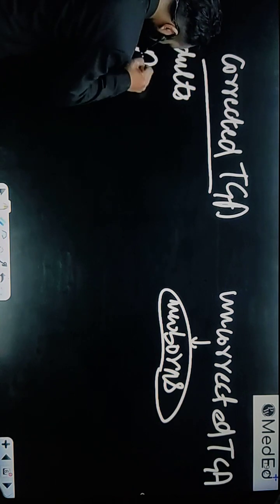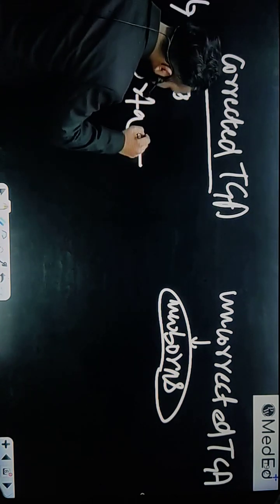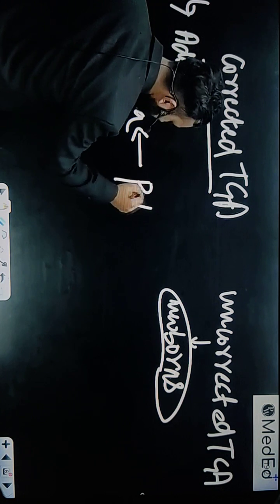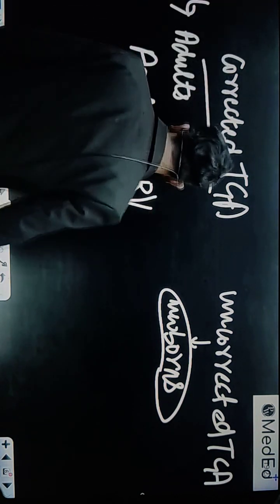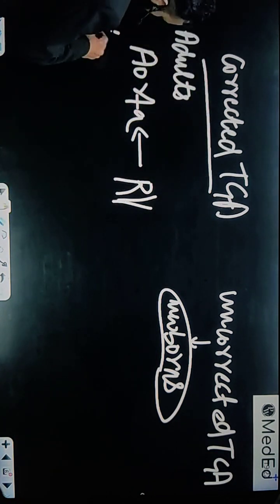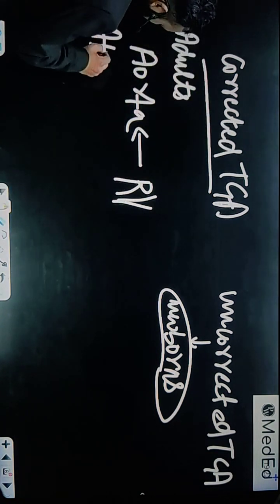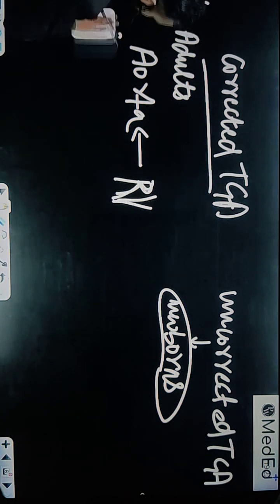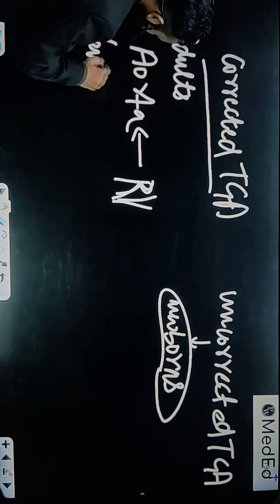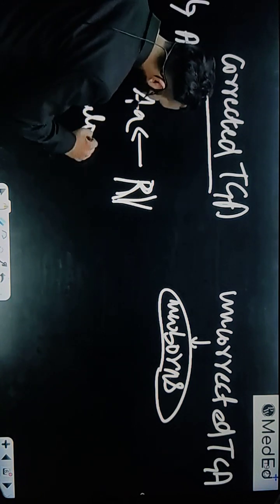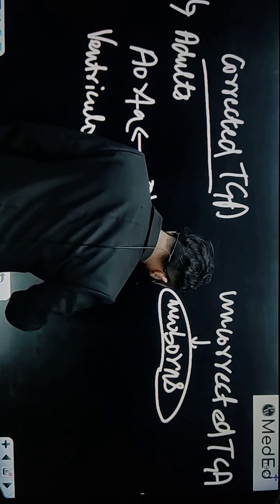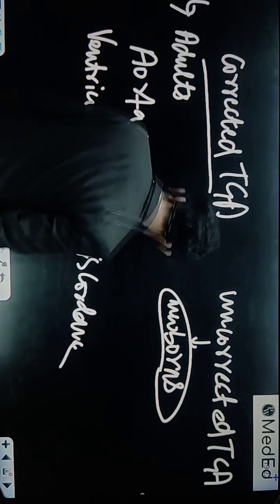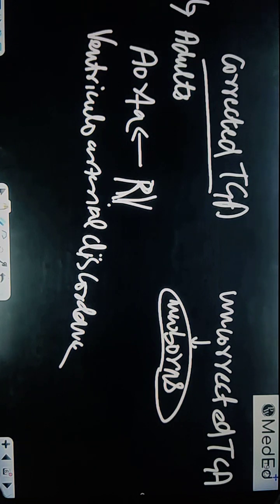In the corrected TGA, the aorta is arising from the right ventricle. Okay, so when the right ventricle is not giving rise to the pulmonary artery, we call it ventriculo-arterial discordance. So the aorta will arise from the right ventricle, but what will open into the right ventricle?